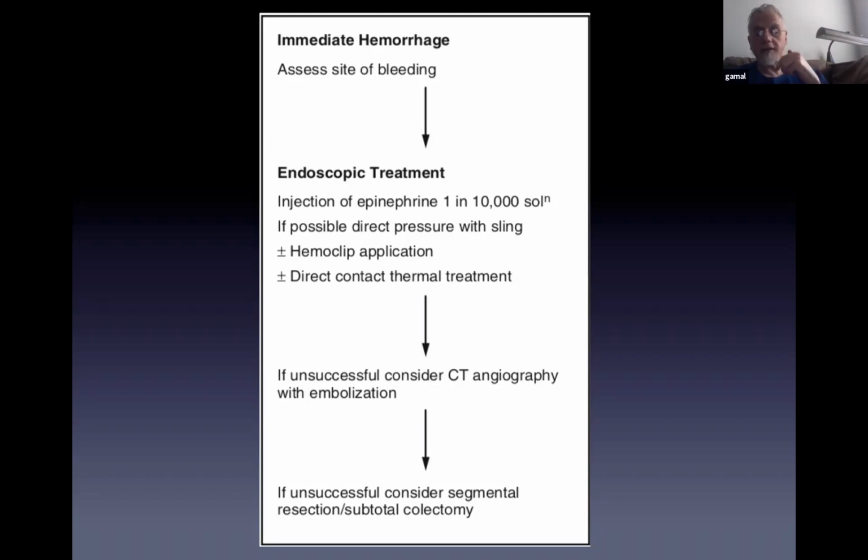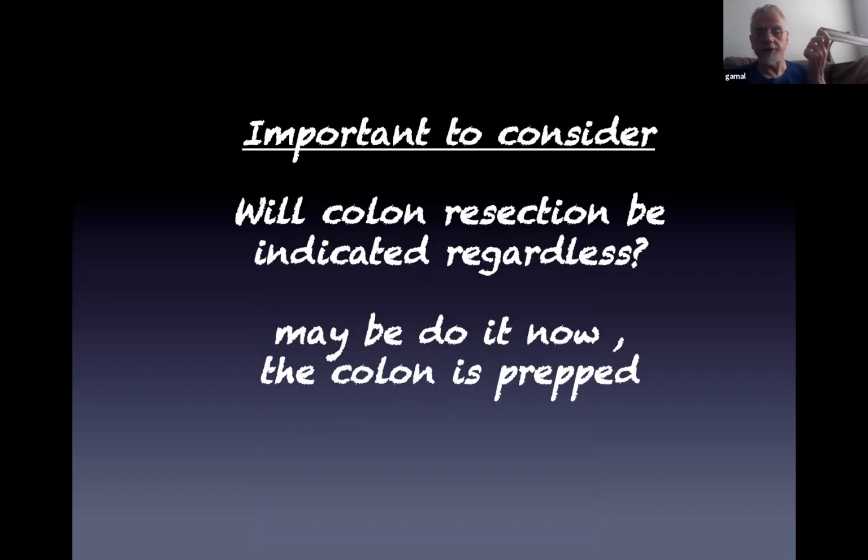If this is unsuccessful, then you should consider an operation, and you need to do a segmental resection. So this is probably a clear algorithm of how you manage post-colonoscopy bleeding. As you can see, it's pretty simple, probably simpler than the management of perforation.